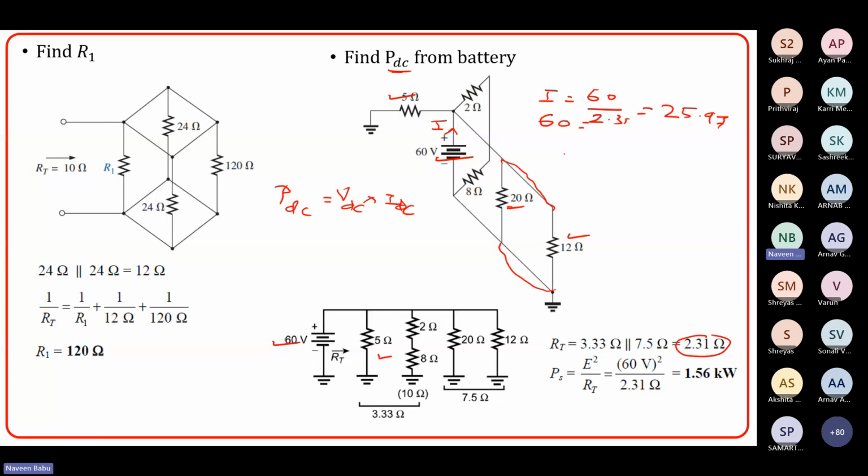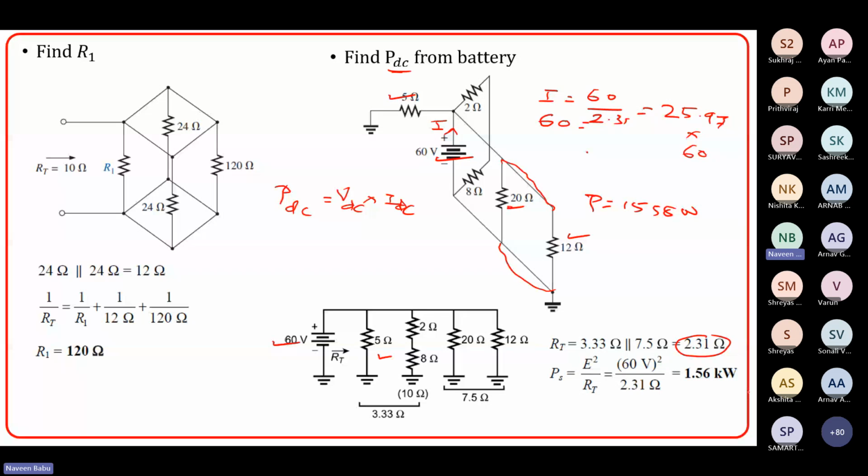So this current multiplied by the voltage 60 will give me the power, which is 1558 watts. So the power that I get by calculating this way is 1558 watts, which is equivalent to 1.56 kilowatts.